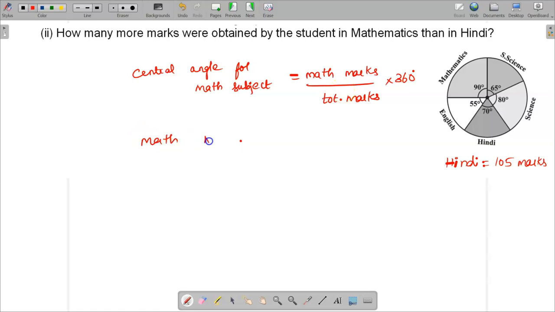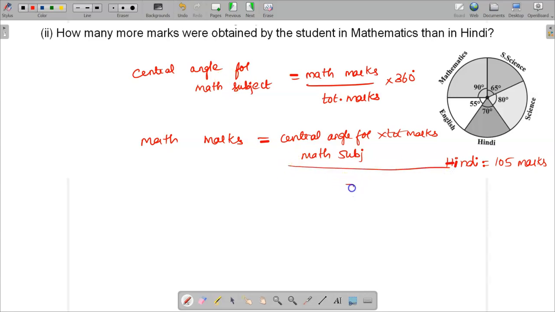So cross multiply this formula. The denominator you can take to the numerator. So math marks is equal to central angle for the math subject into total marks. This term, when you take it to the left hand side, goes to the denominator, divided by 360 degrees.